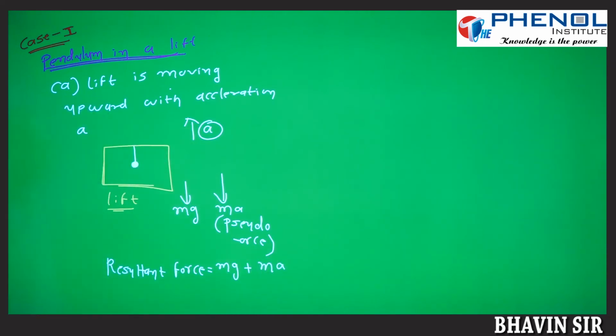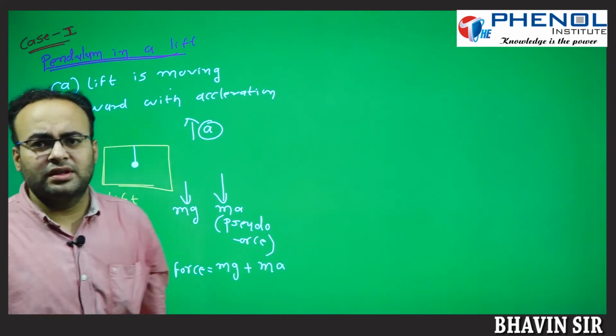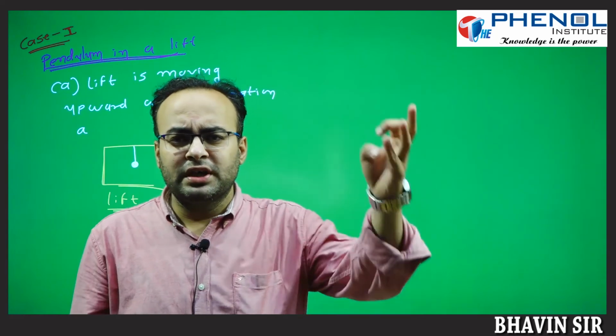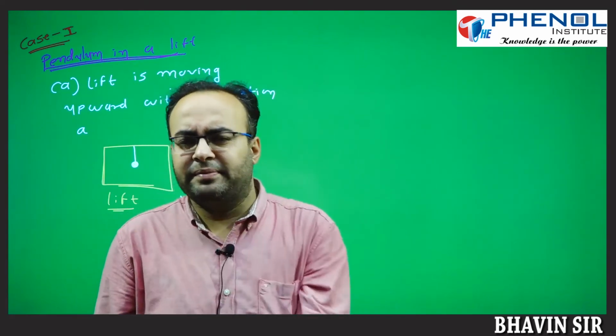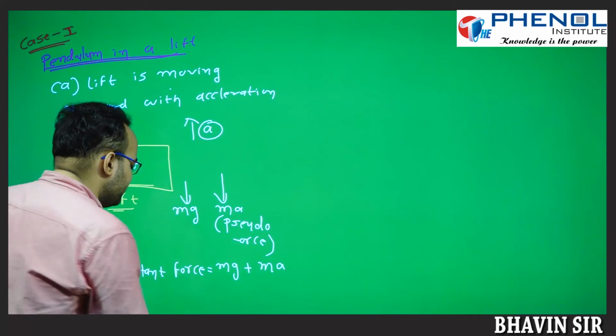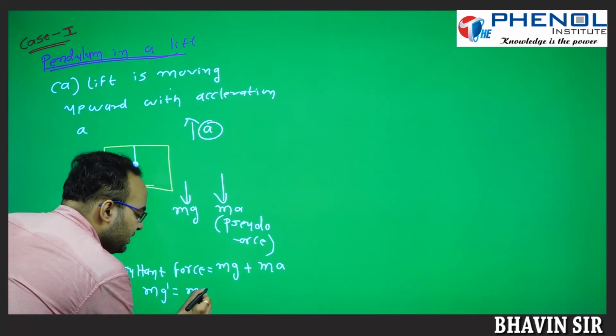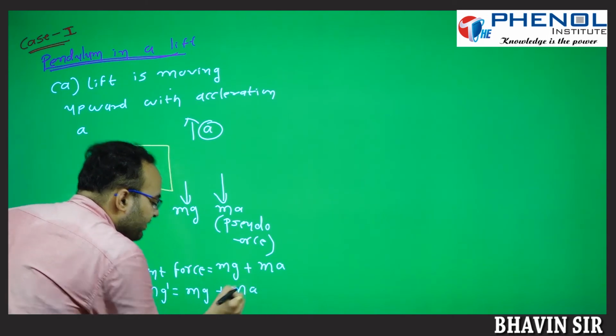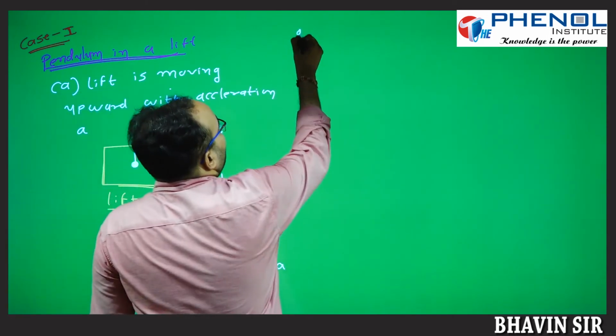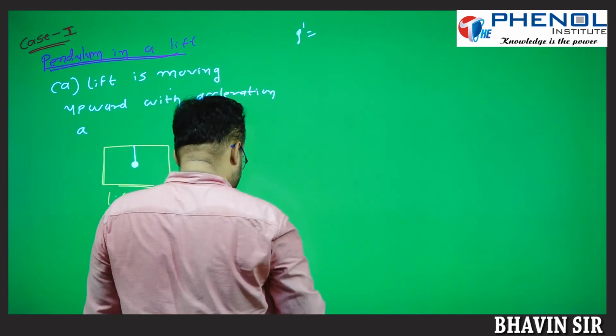Why addition? Because both are in the downward direction. So the resultant force is mg plus ma. Now in the place of resultant force we write mg dash. Now m cancels. So what is g dash?